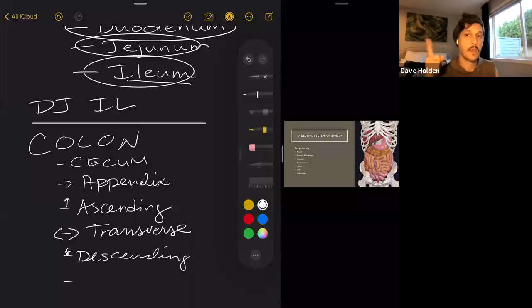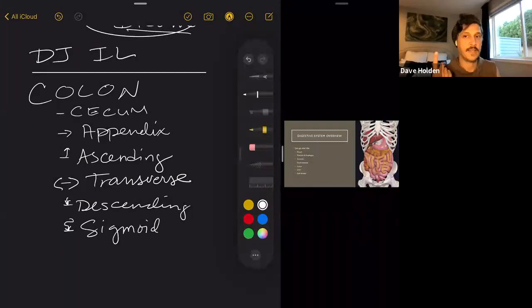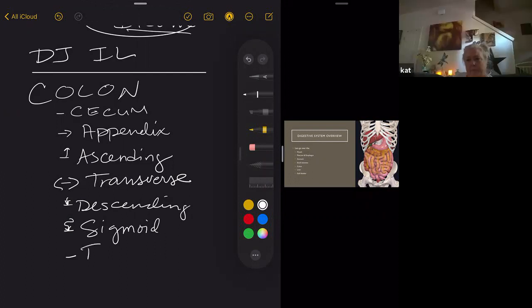Then the sigmoid colon. And then finally we have the rectum. There we go.